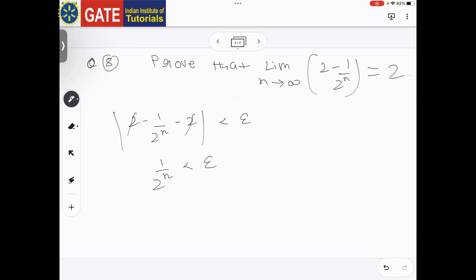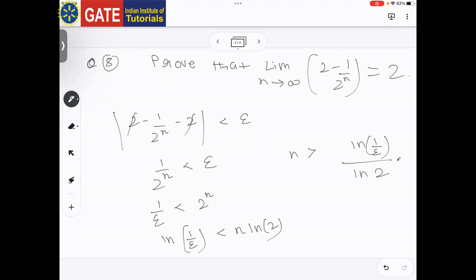We can write 2 raised to the power minus n less than epsilon, or 1 by epsilon is lesser than 2 raised to the power n. Now take the log. So ln 1 by epsilon is lesser than n ln 2. So n is greater than ln 1 by epsilon by ln 2.